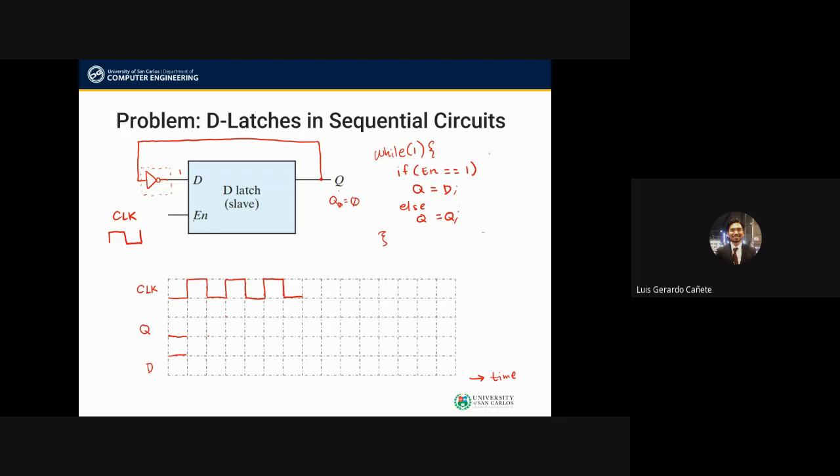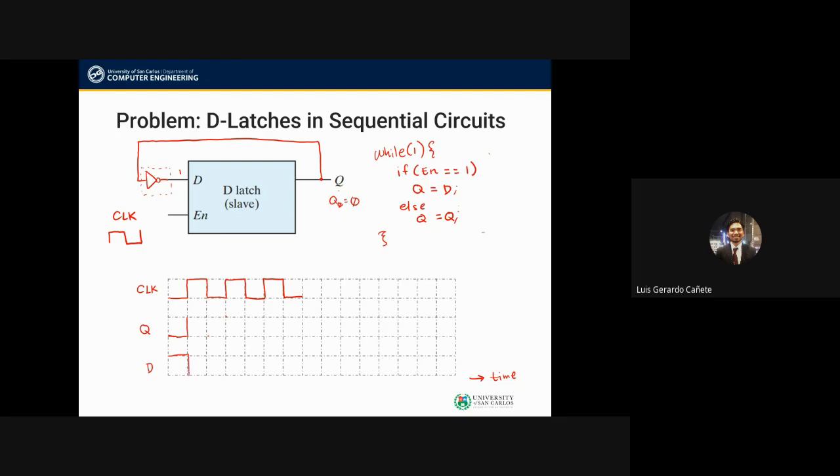But when enable goes to 1, first what we do is we copy the value of D. So this goes to 1, right? But when that goes to 1, D goes low.